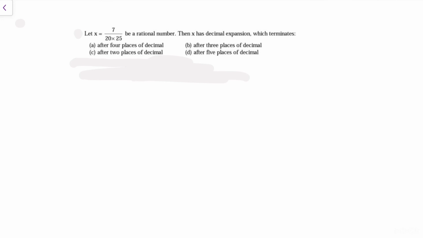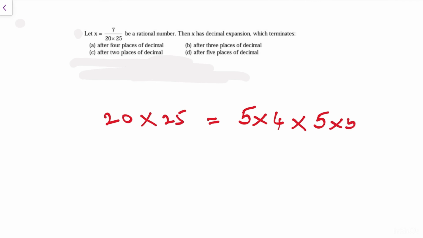Next, let x is equals to 7 by 20 into 25 be a rational number, then x has a decimal expansion which terminates after. So here the denominator is 20 into 25. 20 can be written as 5 into 4, and 25 can be written as 5 into 5. Here 5 is there one time, second time, third time, so 5 power 3, and 4 can be written as 2 square.